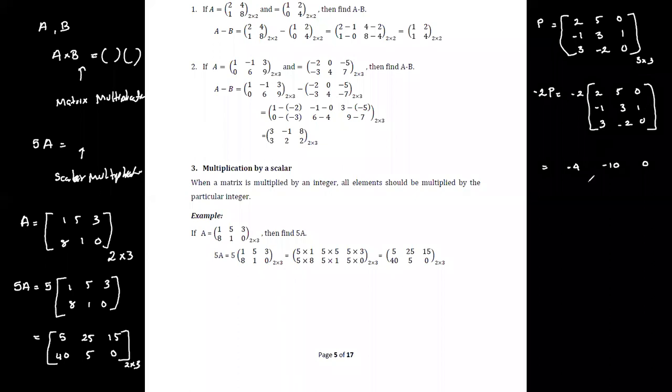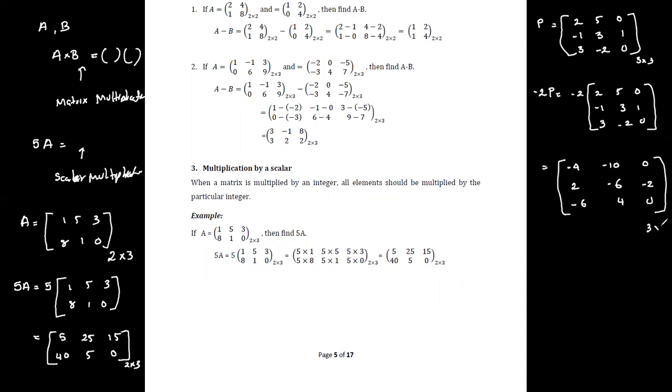Using the same procedure, we continue: minus 2 into minus 1 gives plus 2, and minus 2 into 3 is again minus 6. Then here you will get minus 2. For the third row, it will be minus 6, plus 4 and 0. Therefore, this is what we get as the value for minus 2 times P.